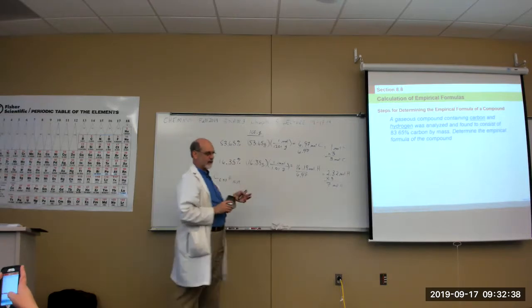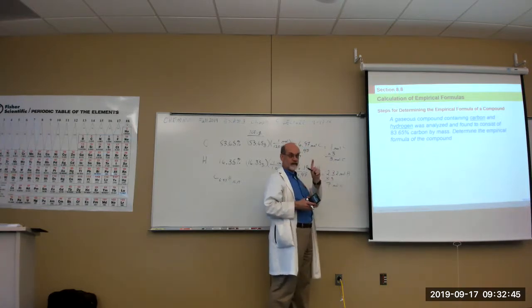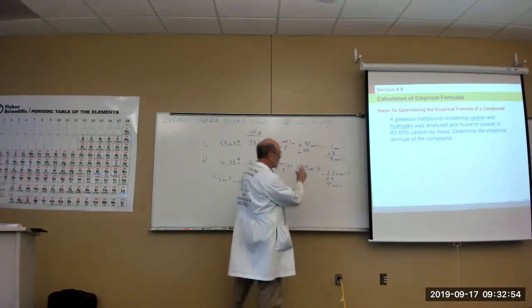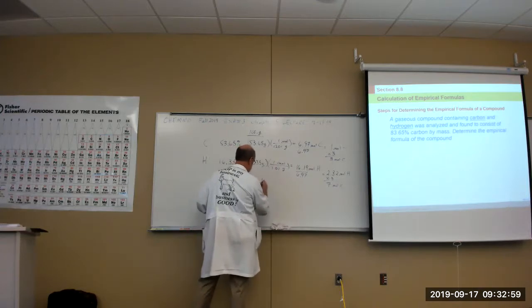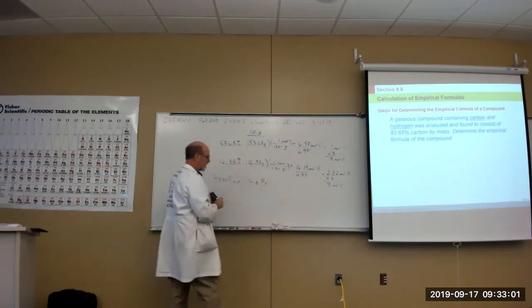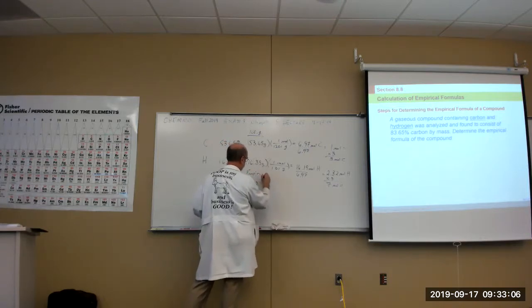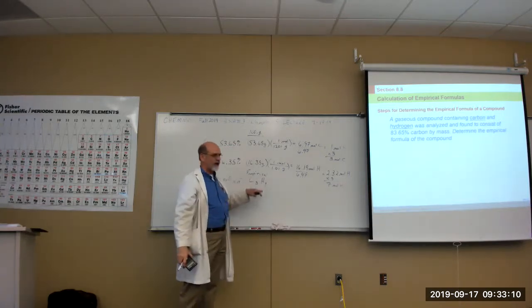It's not going to be exact. So this is very close to a third. We're safe in using 3 as our multiplier because 3 times a third is 1, right? And 3 times 2 is 6. So 6 plus 1 is 7. That's where I got this. So now our ratio is 3 to 7, right? That's our empirical formula. Okay? That's the simplest whole number ratio of carbon to hydrogen.